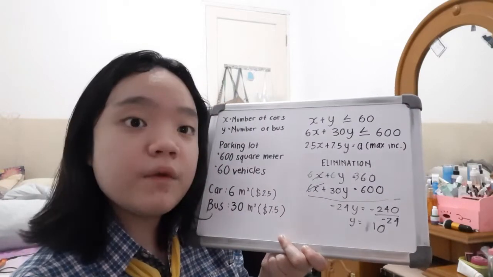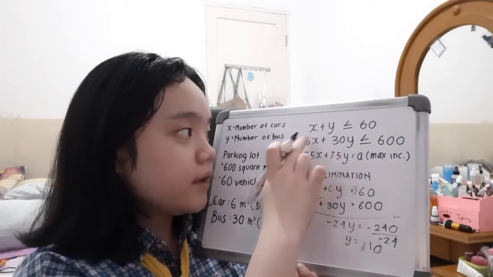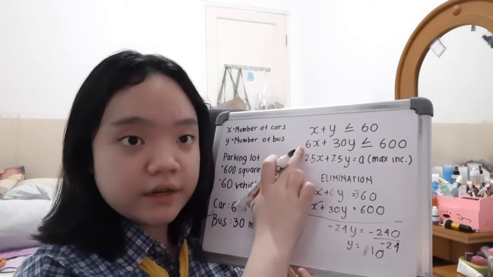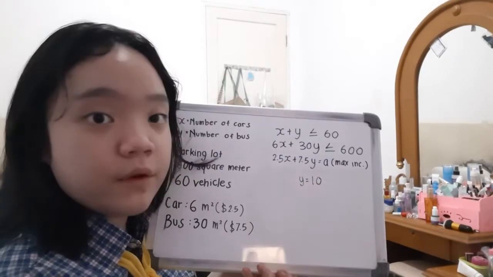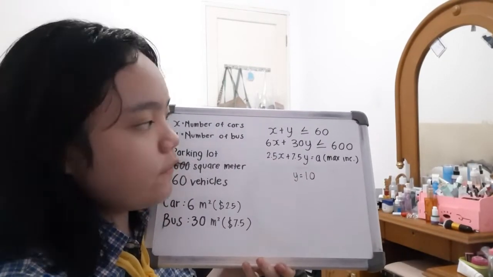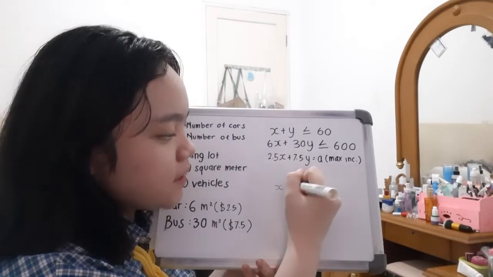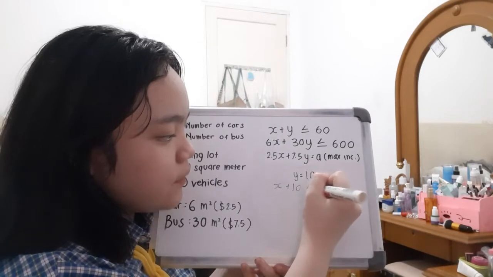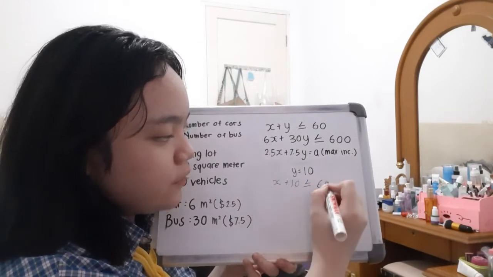With that, now we can use the y in either one of these equations. Now that we know y is equal to 10, we can put the y in either equation, and I will choose the first one. So x plus 10 is less than or equal to 60. I will move the 10 to the right.